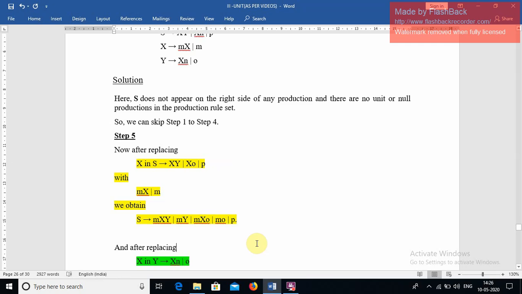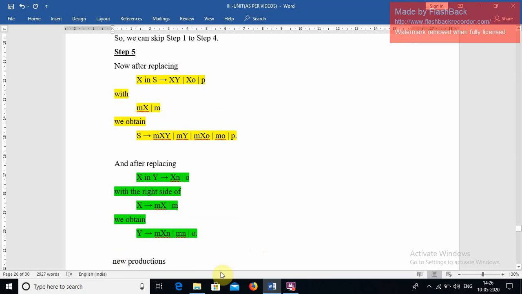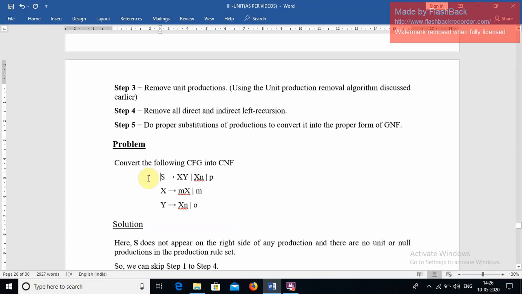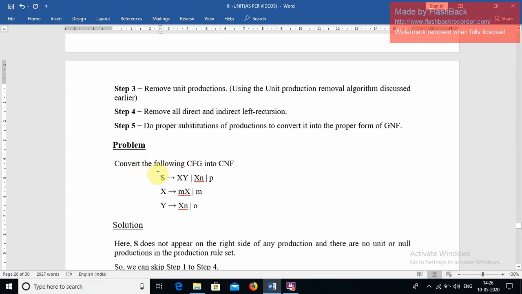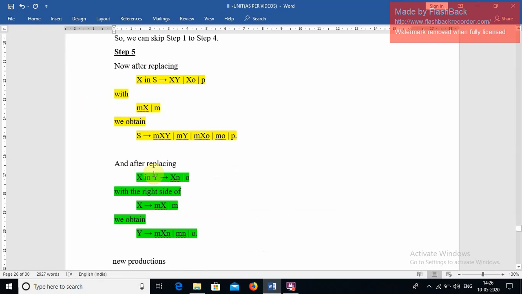Okay, and the next one, again we can replace X in Y. In the grammar we have 3 production rules, with starting symbols S, X and Y. Initially we substituted X in S. Now we can substitute X in Y. So what is X actually?